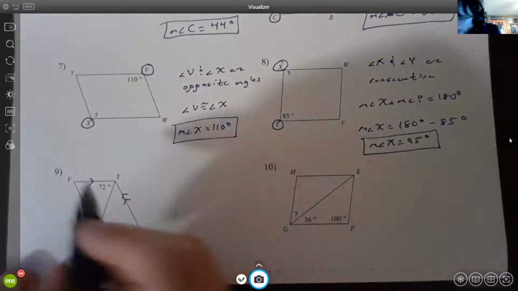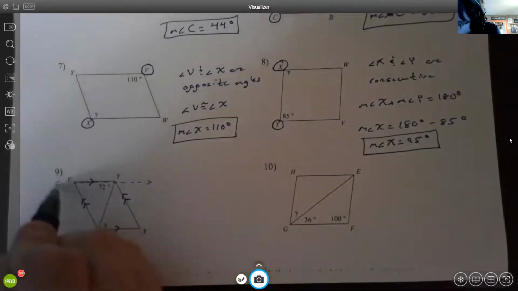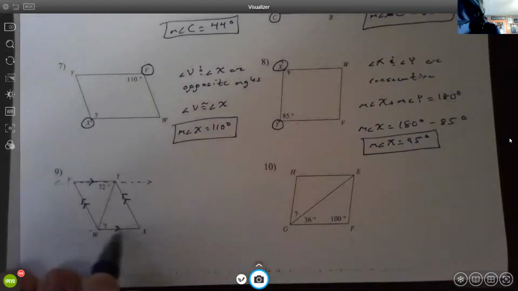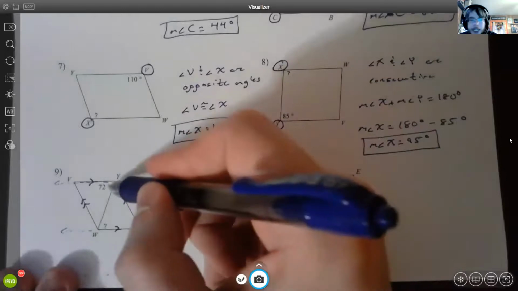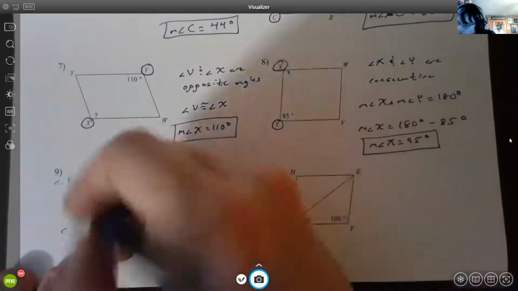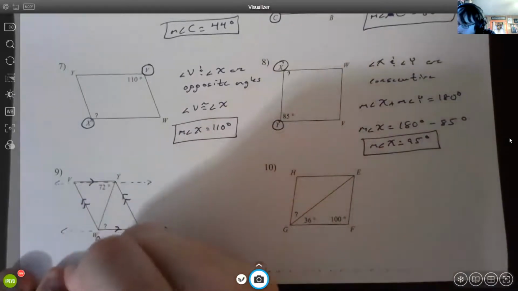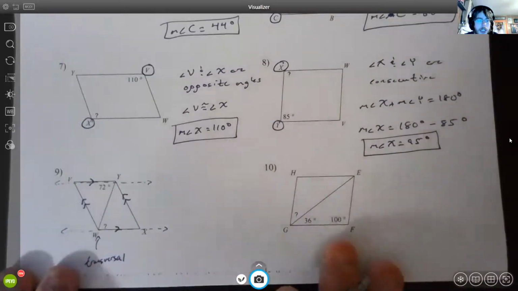Now, if you remember, we could extend these lines out. And now we can look at these two angles here. YW becomes a transversal with two parallel lines.